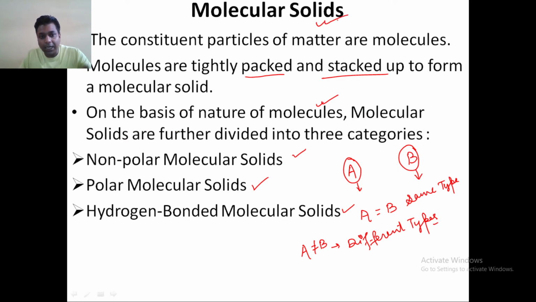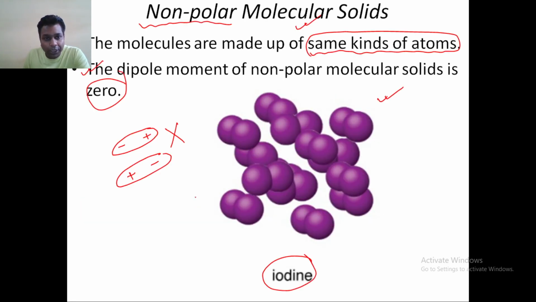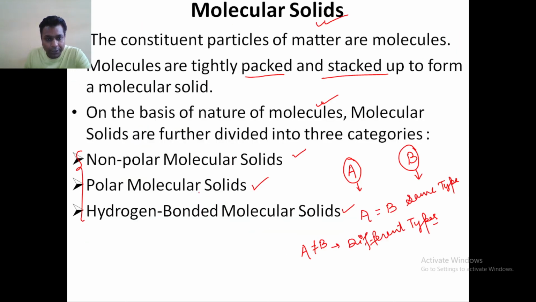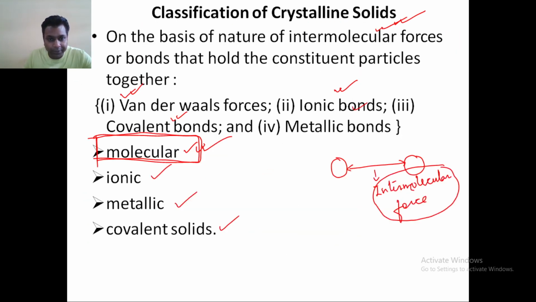Molecular solids are classified into non-polar, polar and hydrogen bonded. So the topics covered till now, up to molecular solid, start from the first topic of unit 1 of Chemistry 12, Solid State.